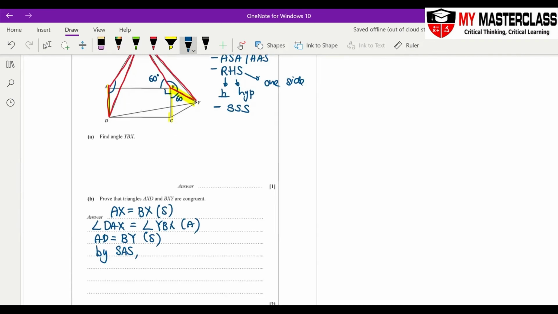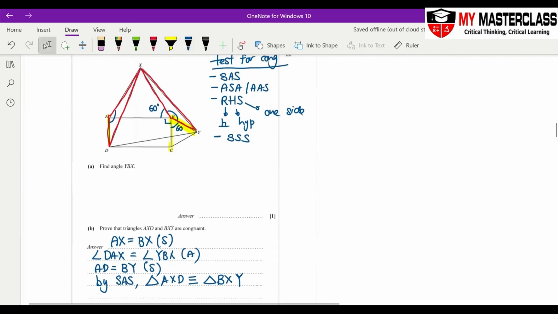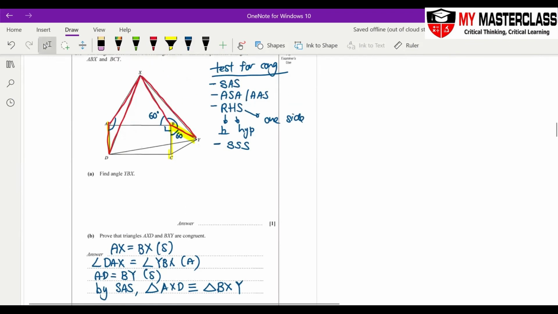Some schools say by SAS similarity test. You must say that triangle AXD is congruent to triangle BXY. Similarity and congruency, I've gone through all three things with you.